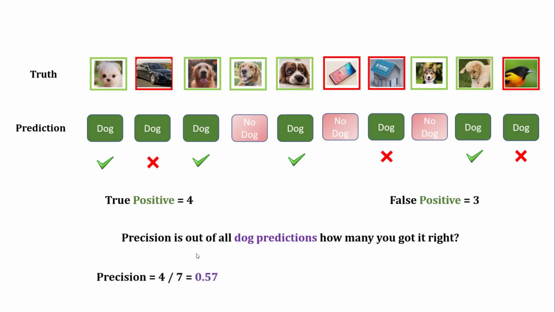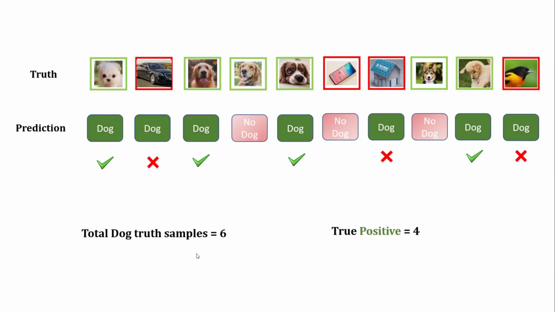It is 4 by 7. You have a total of 7 dog predictions, 7 things you predicted to be dog. Out of that, only 4 are dog. So precision is 4 by 7, 0.57. This is the formula for precision: true positive divided by true positive plus false positive.